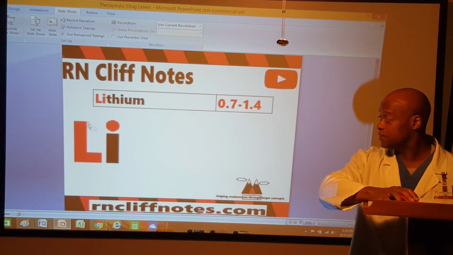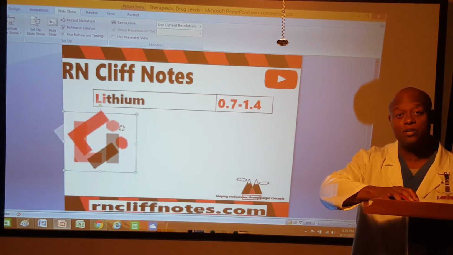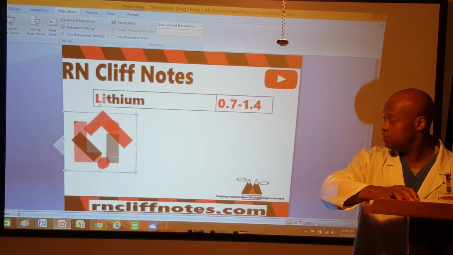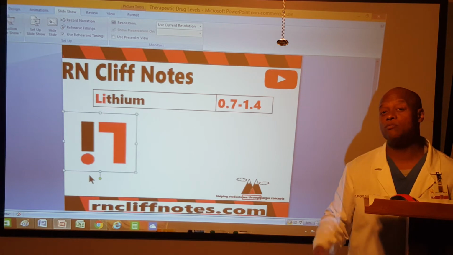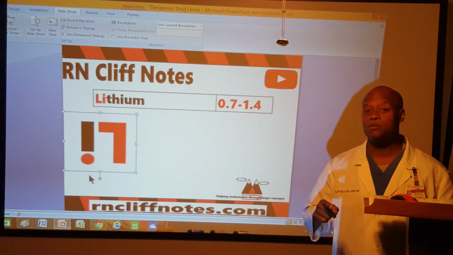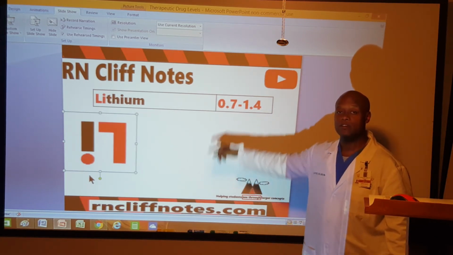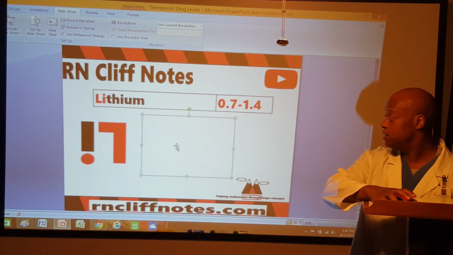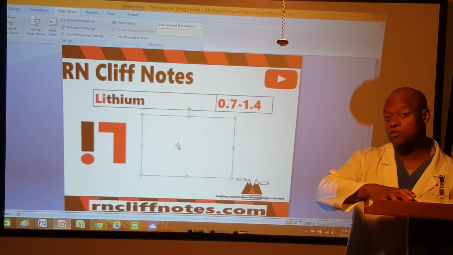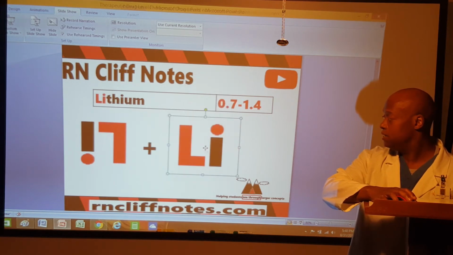So here we go. Let's click on it and give it a little bit of a turn. Check out what we're doing. What happened? If we just look at the red, that Li turned into 0.7, which is the beginning of our range. But now, we also said that if we double it, multiply it times 2, we can do it again.